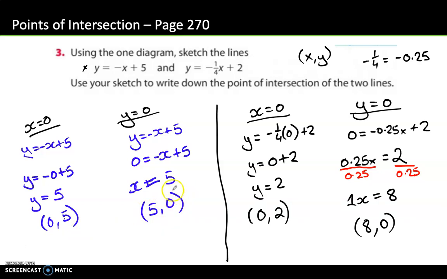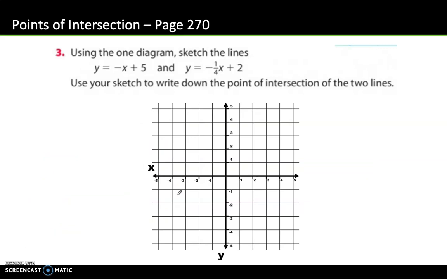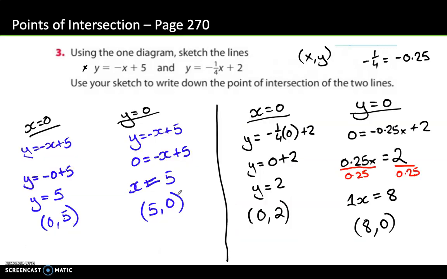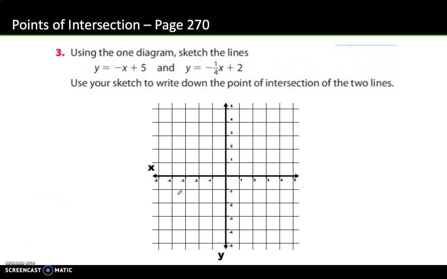So now, guys, why don't you try graphing these points? Make sure you've got all this taken down, and then try to graph these points on this axis. So in blue, you're going to have the points 0, 5, and 5, 0.